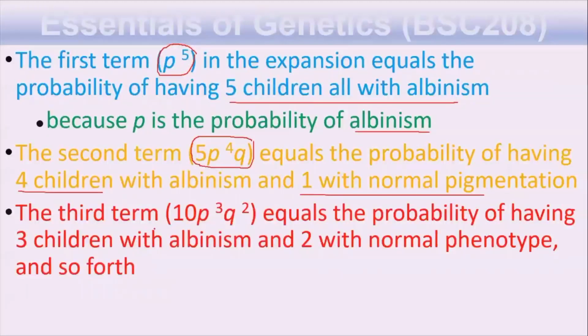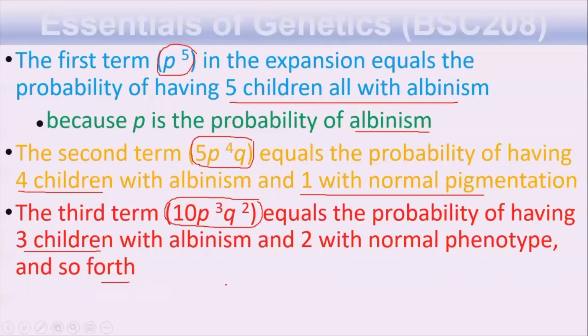Similarly, the third term, which is 10 into p raised to the power 3 and q raised to the power 2, equals the probability of having 3 children with albinism and 2 with normal phenotype, and so forth. In this way, we can calculate the number of children that are affected.